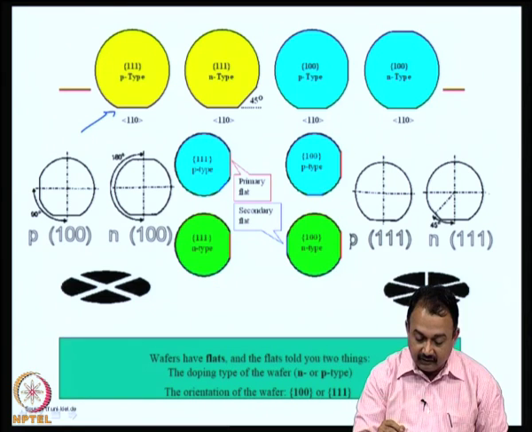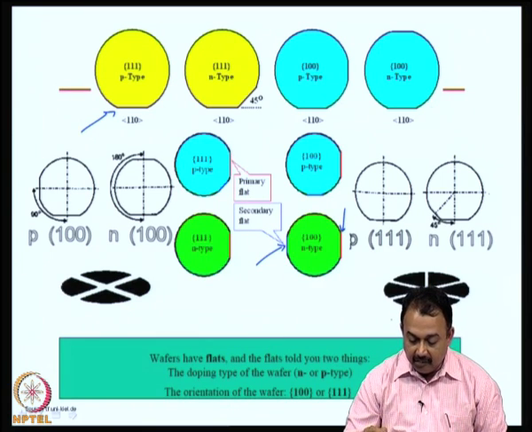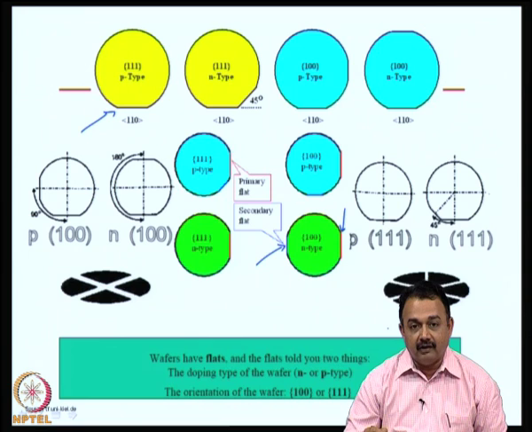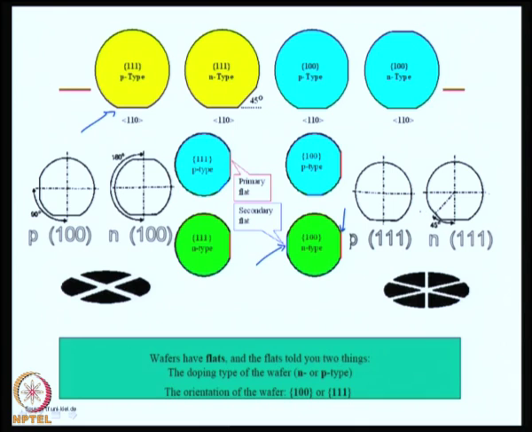For example, this is a secondary flat and this is the primary flat. The primary flat is larger than the secondary flat. It also gives certain information. For example, if you have a primary flat and a secondary flat like this, then that denotes that it is an n type 1-1-1 crystal arrangement.